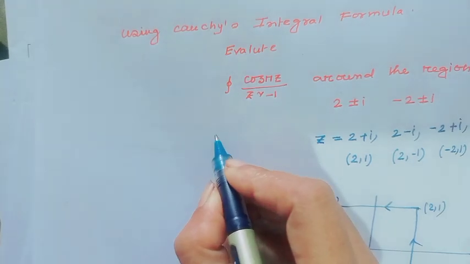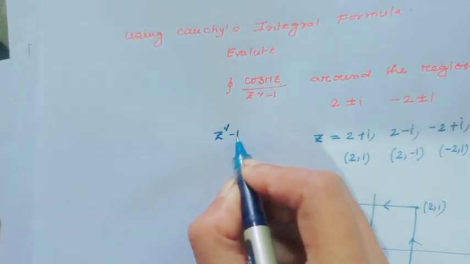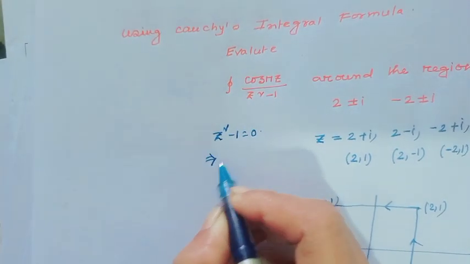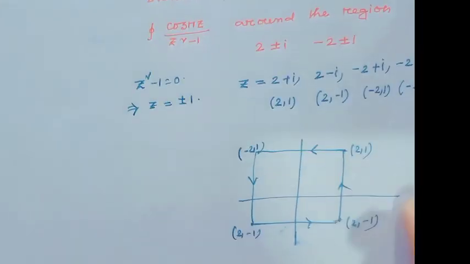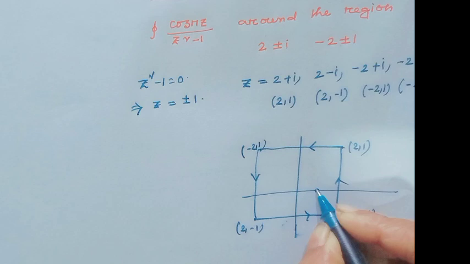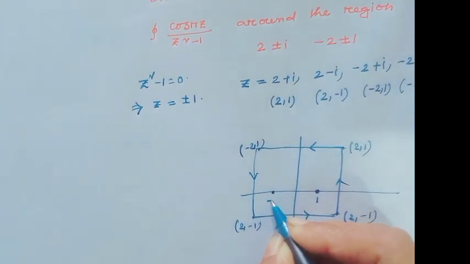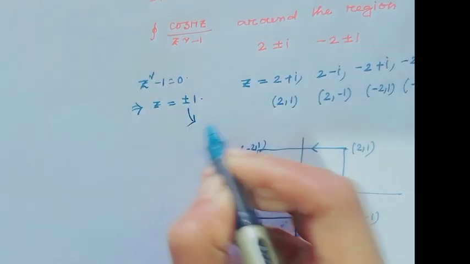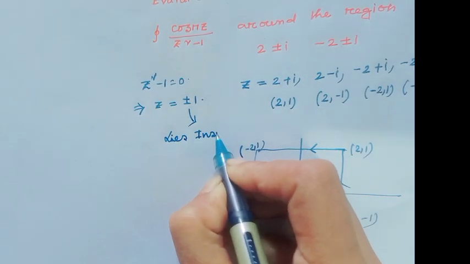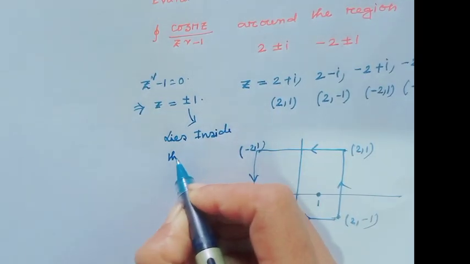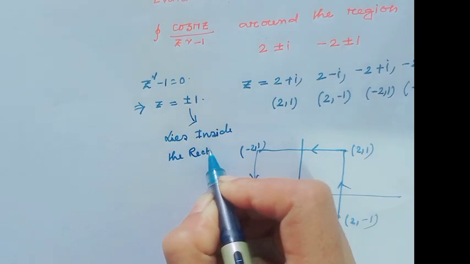The pole is z square minus 1 equal to 0, that means z equal to plus minus 1, this value is 1 and this value is minus 1. These 2 points lie inside the rectangular region.